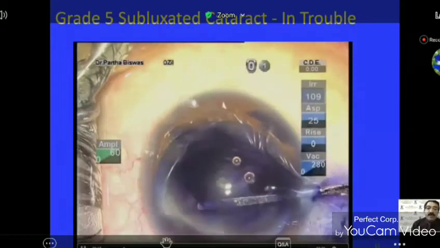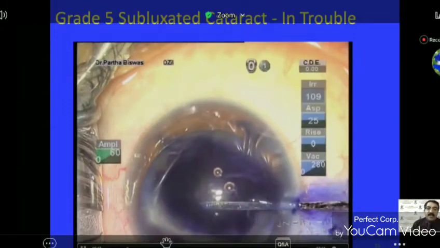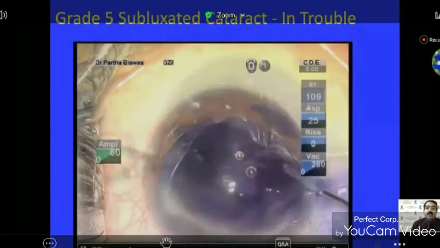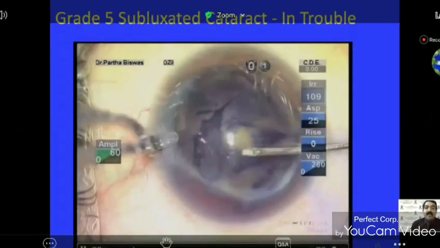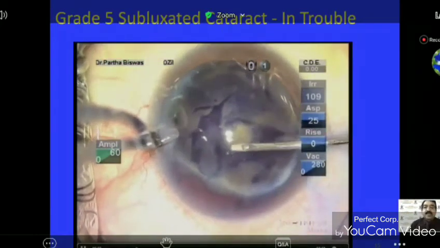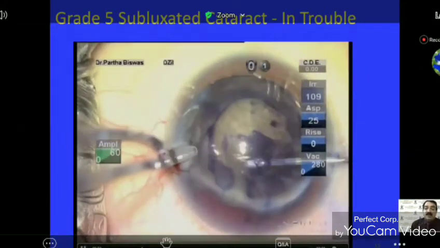So I smeared the trypan blue on the anterior capsule, which has to be done very patiently, otherwise the staining can take place. And the next step, of course, is making a capsulorhexis, and if the capsulorhexis can be made well, then the battle is half won.